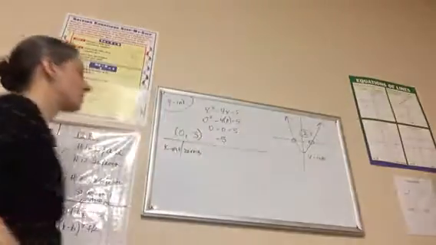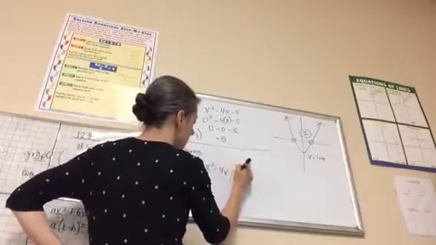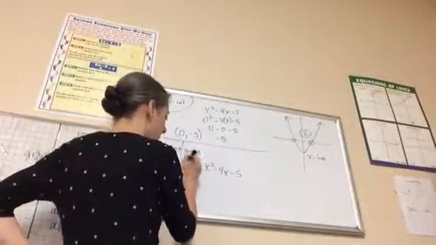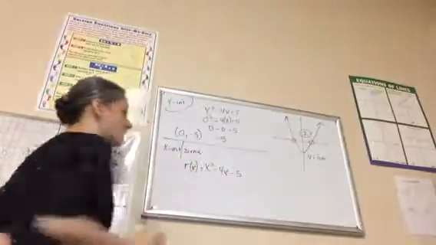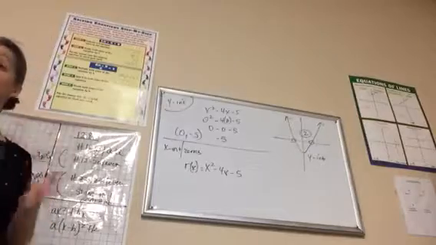And I found the y-intercept. But to find the x-intercept, or the zeros of the function, I have to put 0 in y's place. So where is y in this function? It's the r of x.